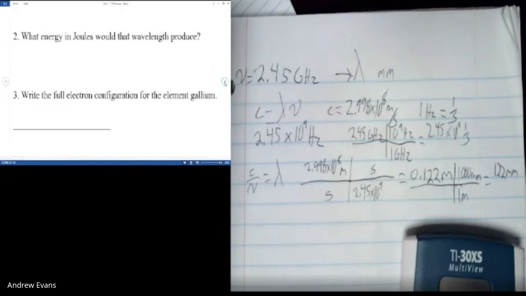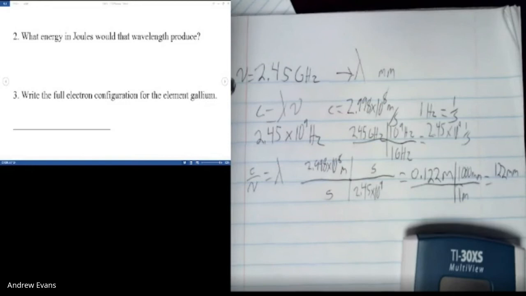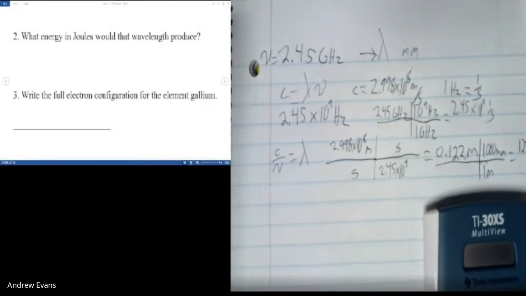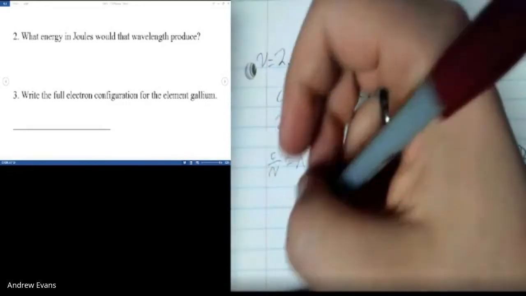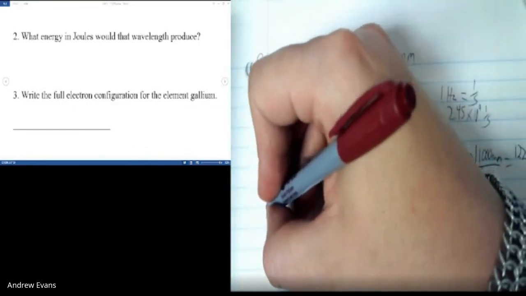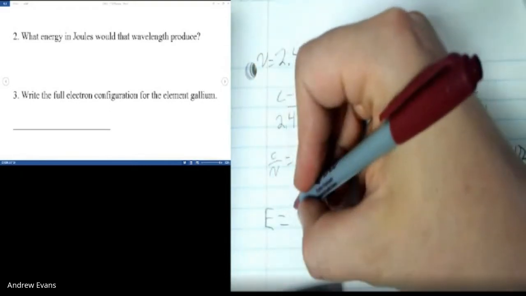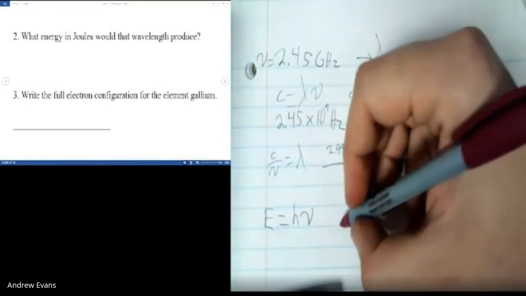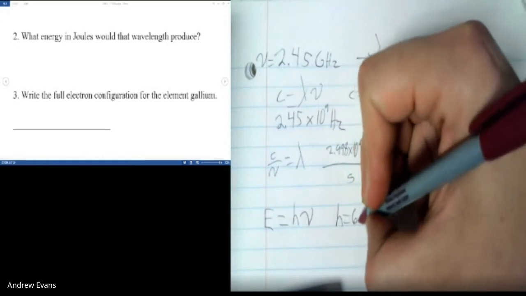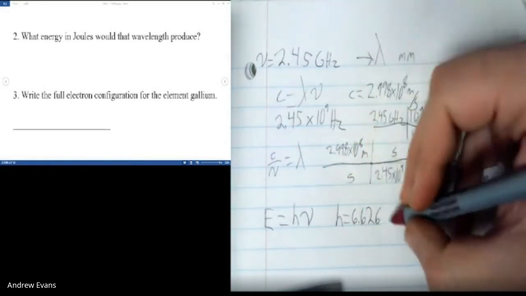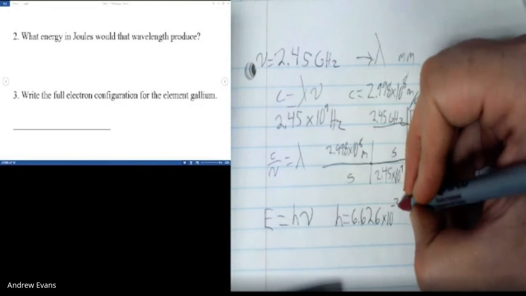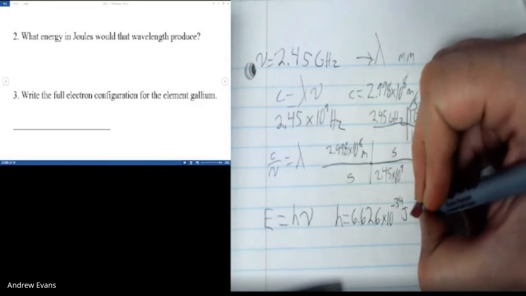Question 2. How many joules would that wavelength produce? Now you can leave the frequency and do this. Energy equals h nu, where h is 6.626 times 10 to the negative 34th joule seconds.